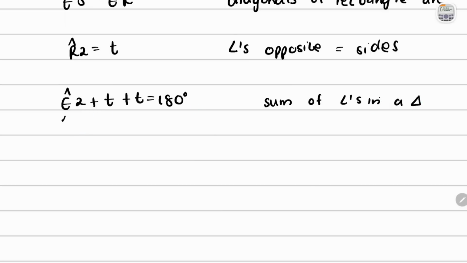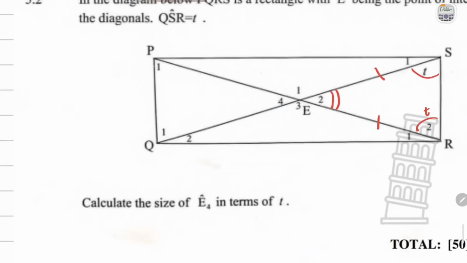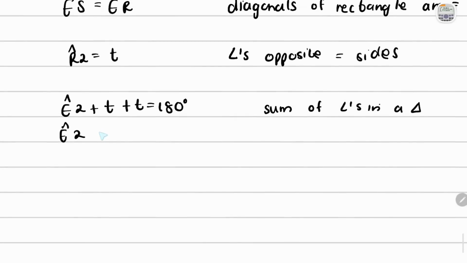And now this is going to be E2 plus 2T being equal to 180 degrees. But you really just have to make this the subject. Remember, if you find E2, you find E4. So let's make that the subject. We add those two together, they give you 2T, but then you take that 2T over. So that is 180 degrees minus 2T.